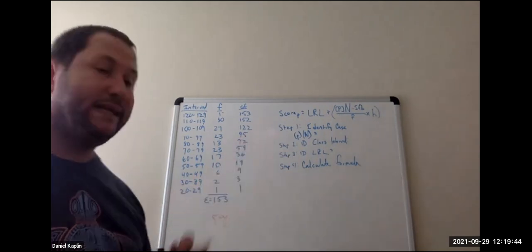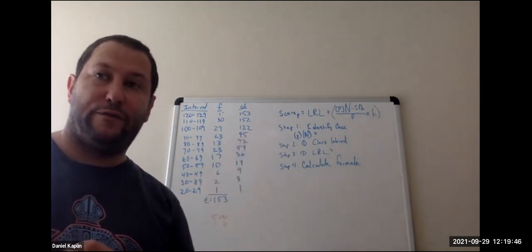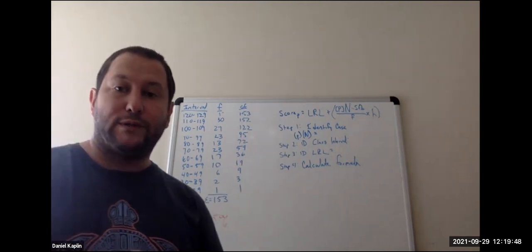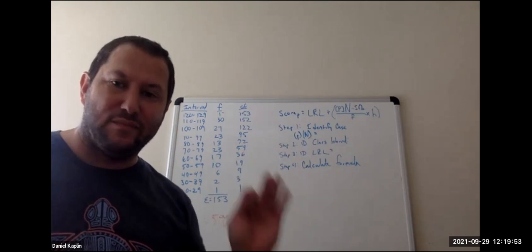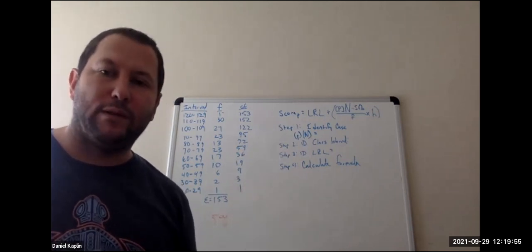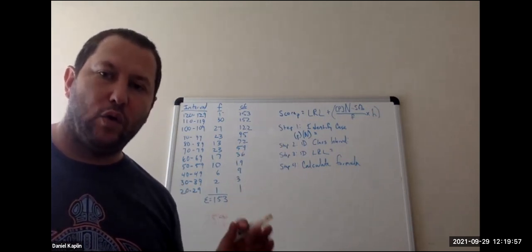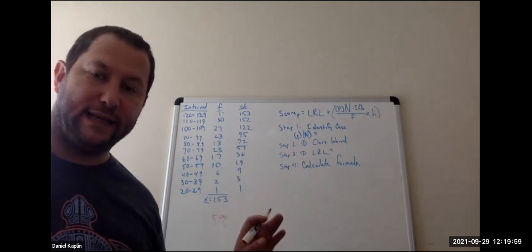So step 1 was identifying the case, and we identify the case by taking the percentile we want to figure out in decimal form and multiplying it by the total number of cases in the sample.